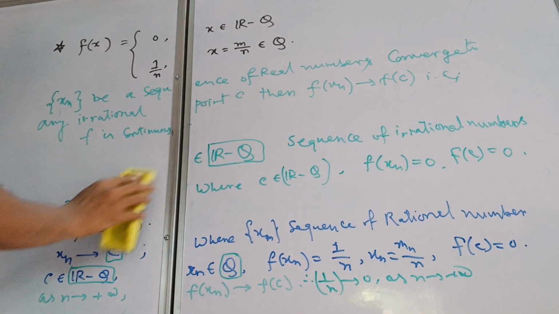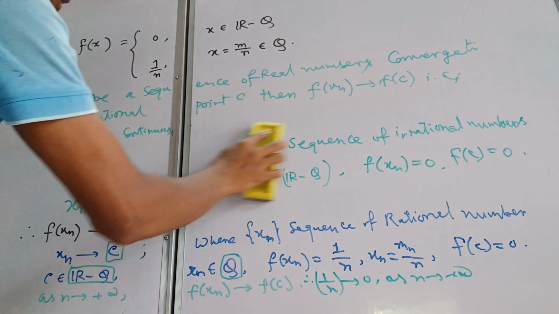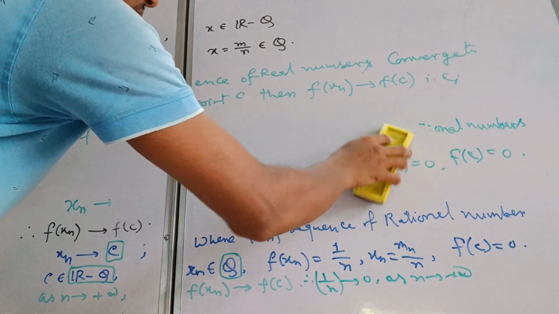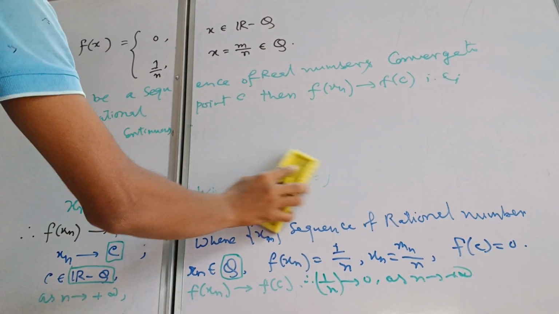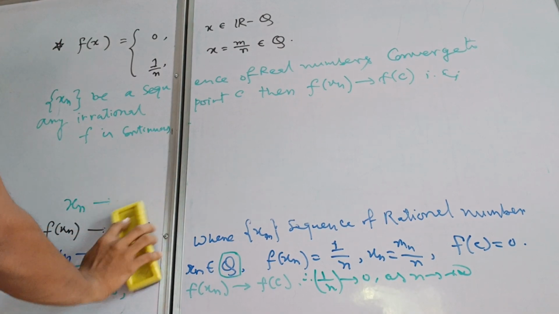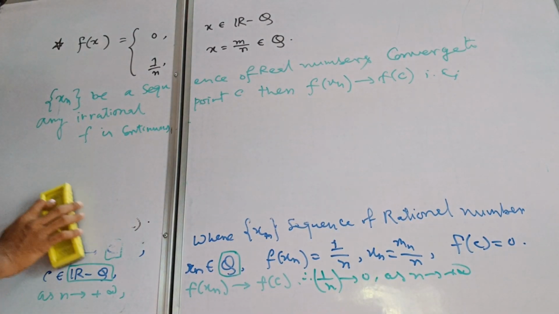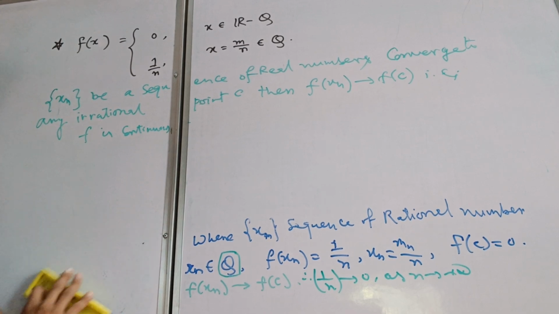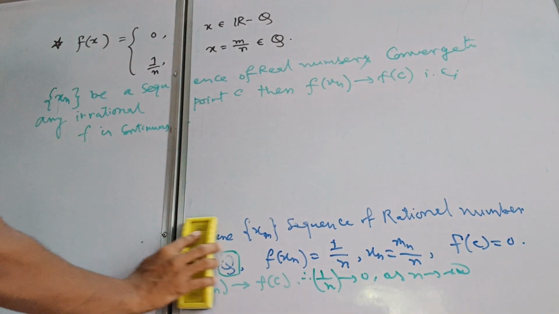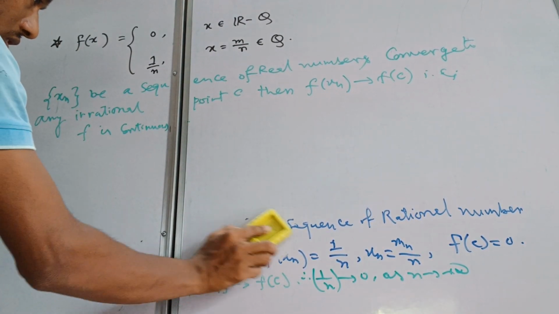So we now discuss another part. Any sequence converging to a rational point, then what happens? One part is proved, that f is continuous at every irrational point.